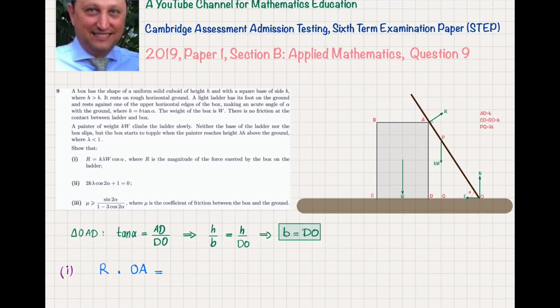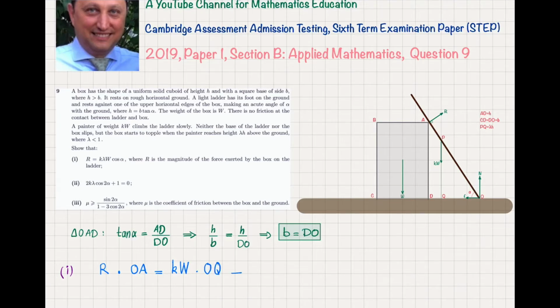So I need to write the magnitude of the force, which is KW in this case, and multiply it by the perpendicular distance of the point O from the line on which the force vector lies. The force vector lies on this line, and the point is O. So the perpendicular distance is this distance here, and that is from O to Q. So I need to multiply by OQ.